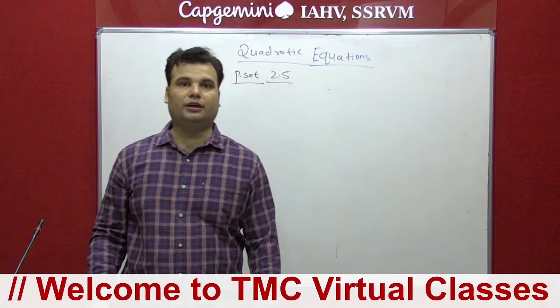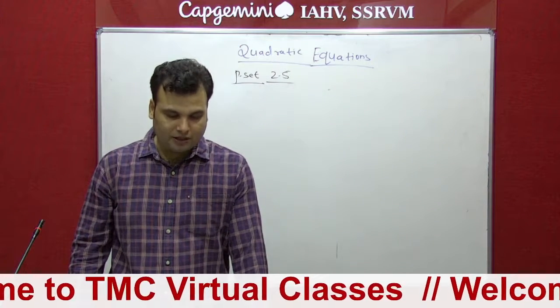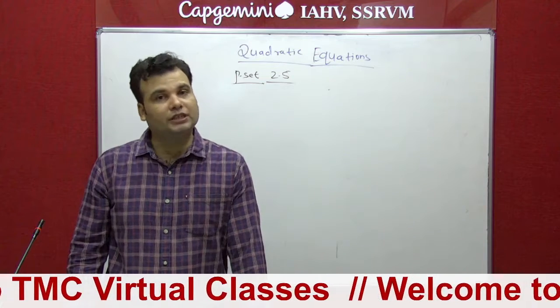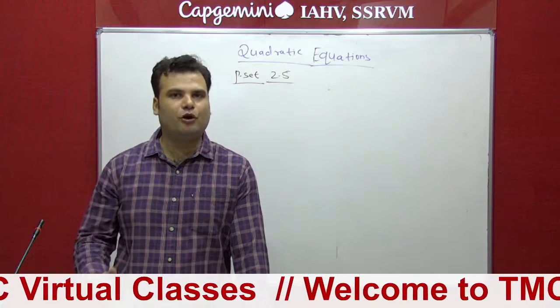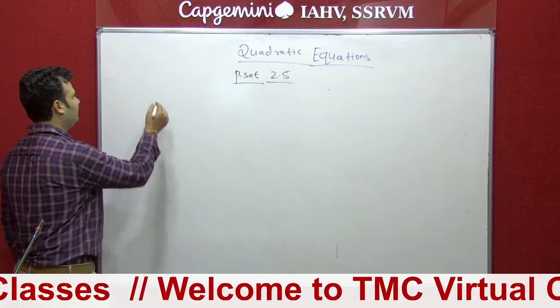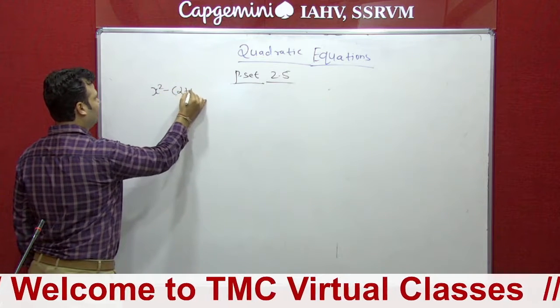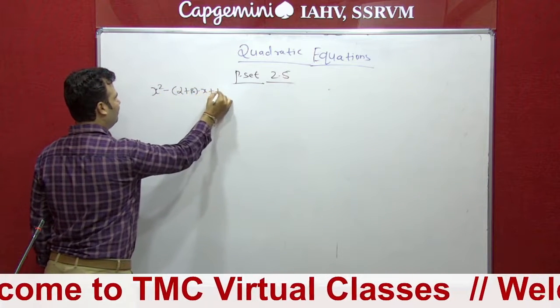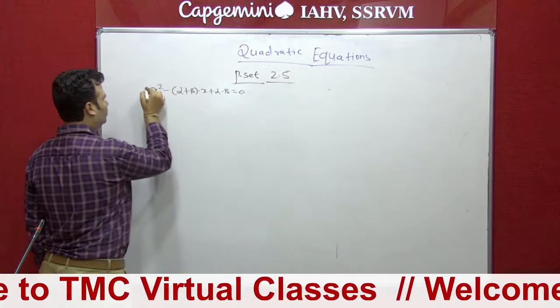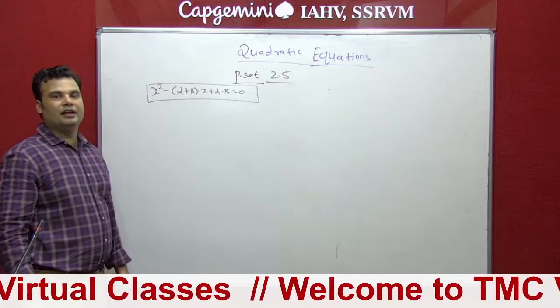Sum number 4 is, students, we have to form the quadratic equation from the roots given below. Means roots are given and we have to form the quadratic equation. So remember that. Just see the introduction part again: x square minus (alpha plus beta) into x plus alpha into beta equal to 0. So by using this formula we can form any quadratic equation if roots are given.